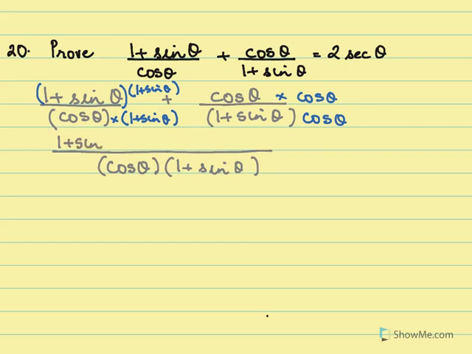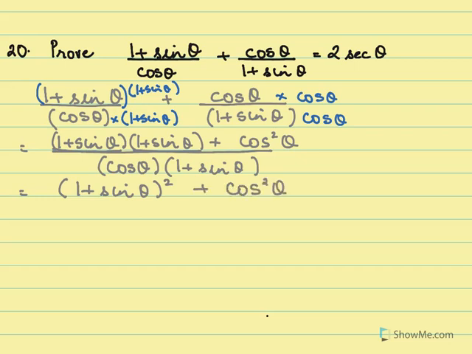So here I have now 1 plus sine theta, in a bracket, again 1 plus sine theta. Here I have cos theta, cos theta, cos square theta. So I have 1 plus sine theta and again 1 plus sine theta. So this will be 1 plus sine theta the whole square plus cos square theta over cos theta 1 plus sine theta.